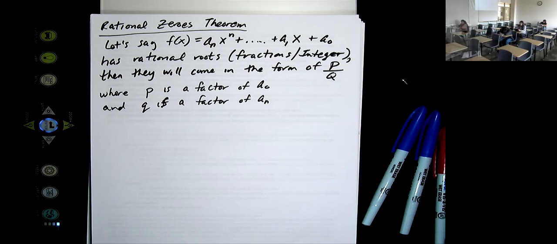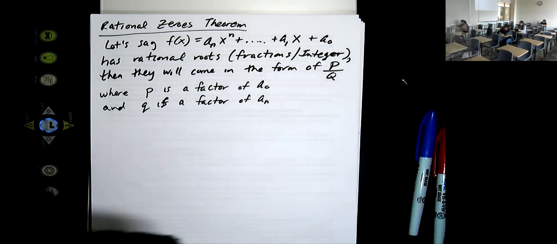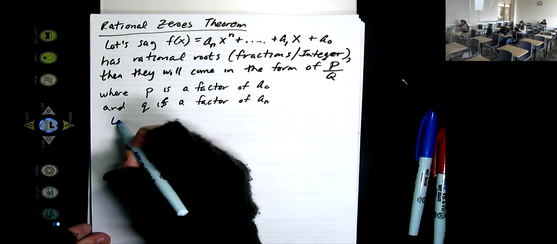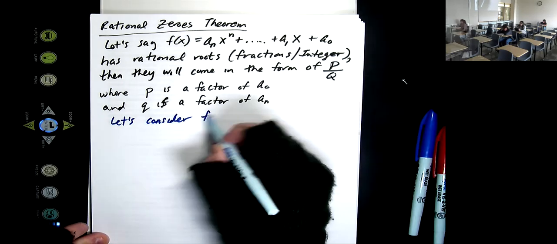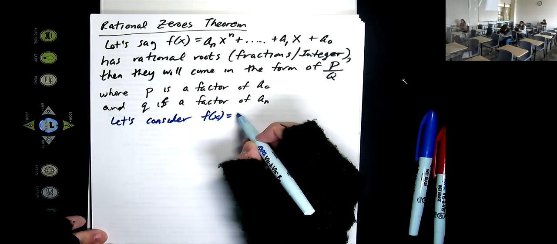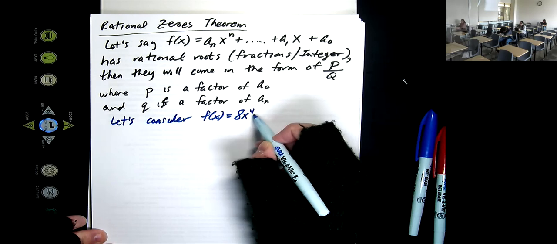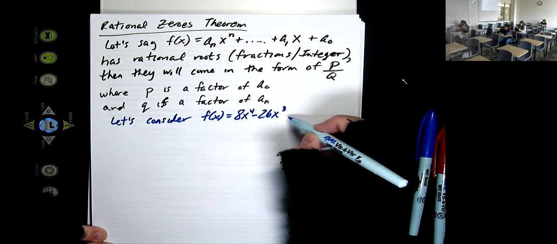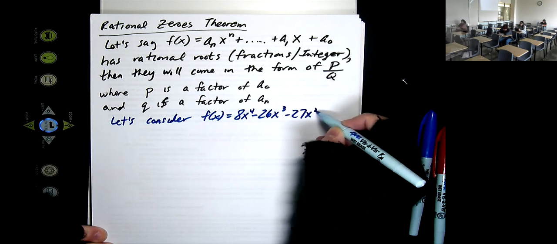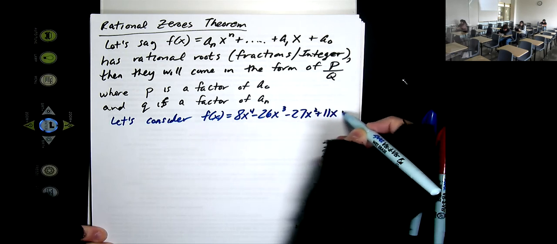So let's take a look at an example. Let's consider f of x equals 8x to the 4th minus 26x cubed minus 27x squared plus 11x plus 4.